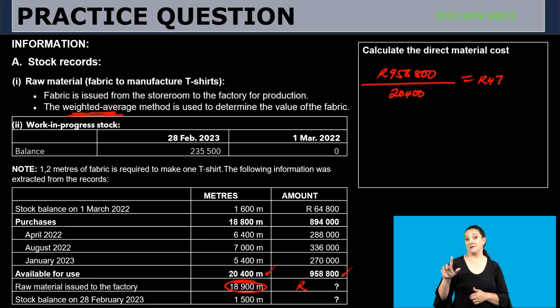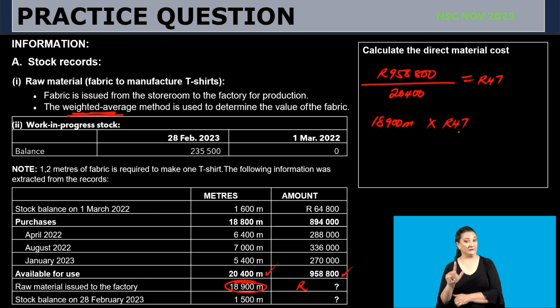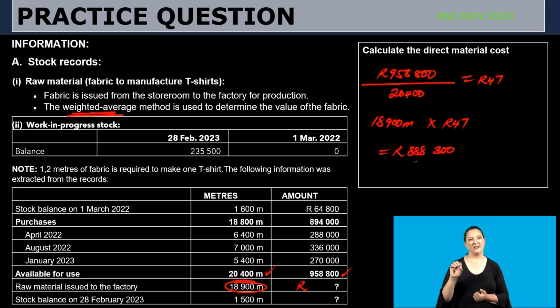So the average price per meter is 47 rand. I'll then say, my 18,900 meters multiply by the 47 rand. And then that will give me the total, which is 888,300. That becomes the direct material cost. There is another way that one would have used, but for the sake of time, I'll stick to this one, and then I'll move on to the next question.